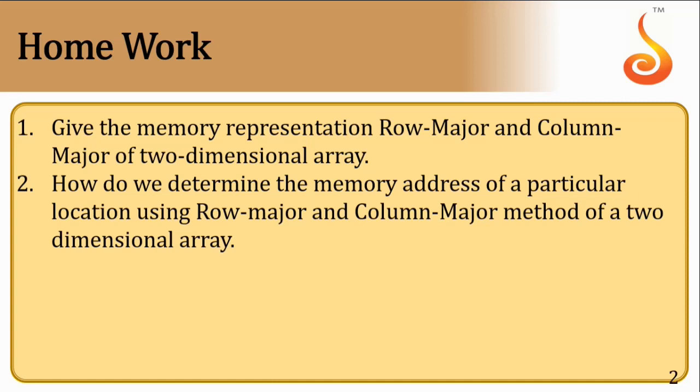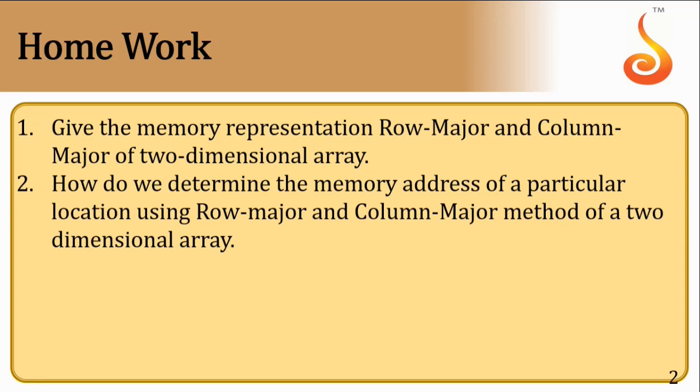How are they different? And then how do we find the memory address of an element in an array, given the ij values as well as the word length and the base address. We did problems on that. Next class we will be doing advantages and disadvantages of arrays, and we'll be starting with stacks, which is another data structure. So please note down the homework questions for today.